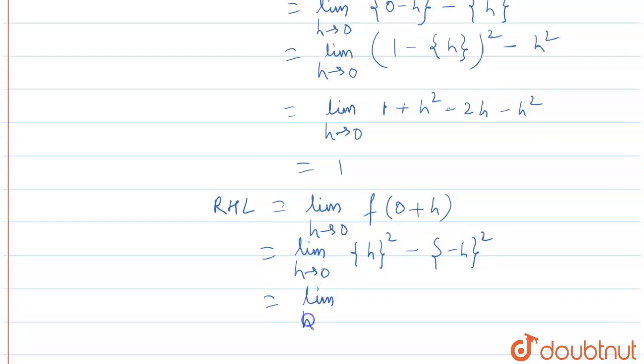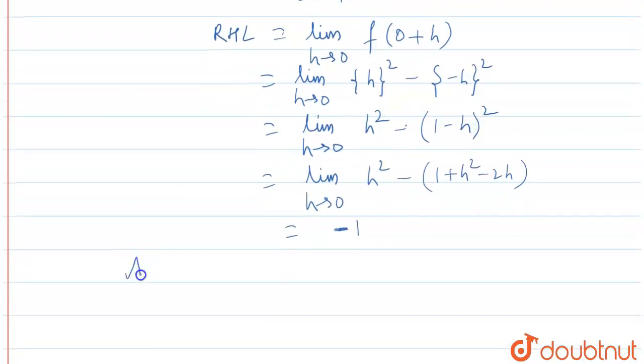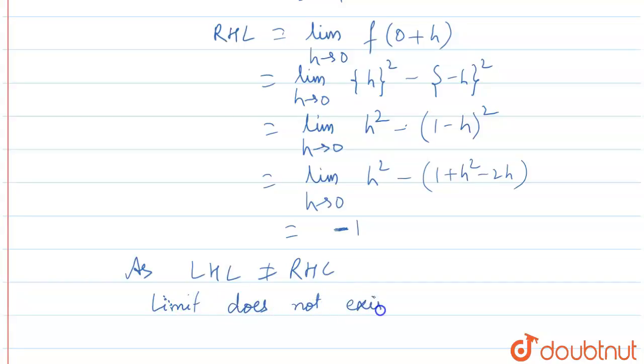So we have got limit h tends to 0 h square minus 1 minus that will be equivalent to this one square, and further we have limit h tends to 0 h square minus 1 plus h square minus 2h. H square got cancelled out, 2h tending to 0. So we have here minus 1, this one tending to minus 1. As LHL not equal to RHL, we can say that limit does not exist in case of option C.